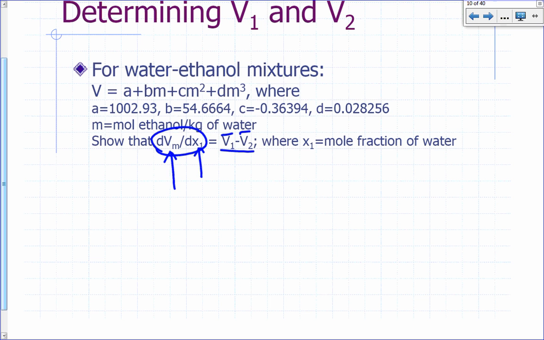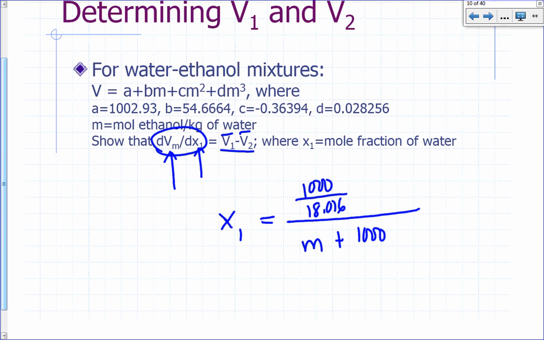So what's mole fraction of component 1 in terms of molality? You have 1,000 grams over 18.016, that's moles of water, right? So moles of 1 divided by the total moles would be whatever the molality is, over the molality plus moles of water, which would be 1,000 over 18.016.